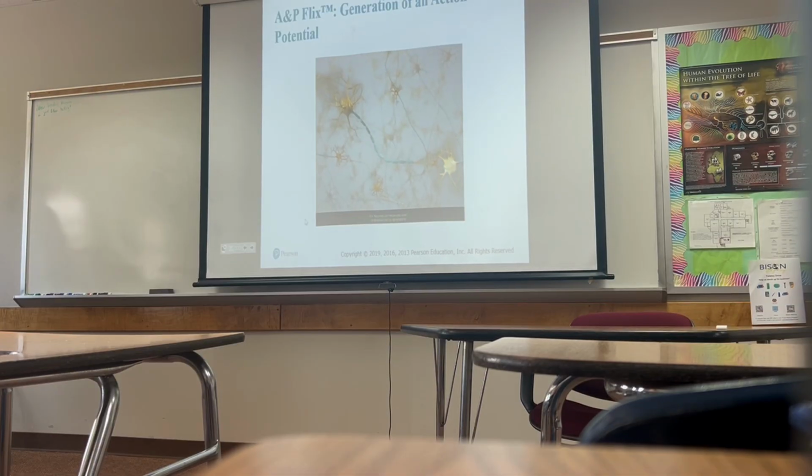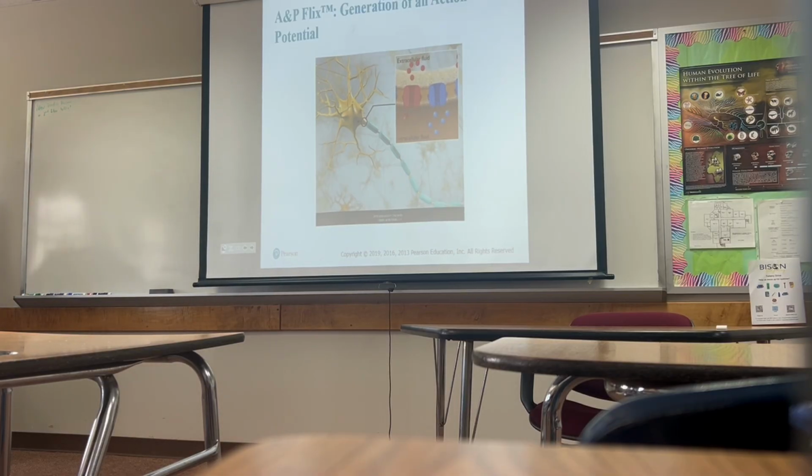Neurons communicate over long distances by generating and sending electrical signals called action potentials. Most action potentials originate in the axon's initial segment, a region also called the trigger zone. During an action potential, voltage-gated sodium and potassium channels open and close, thus altering the membrane's permeability to sodium and potassium ions.